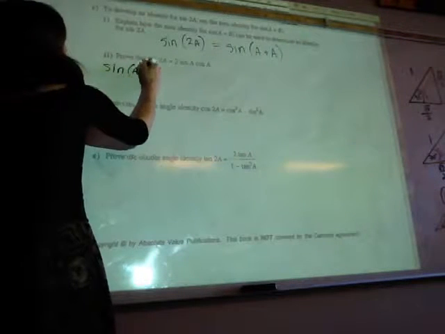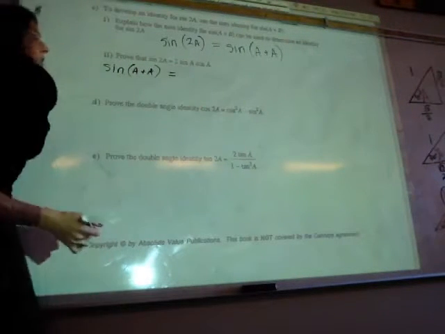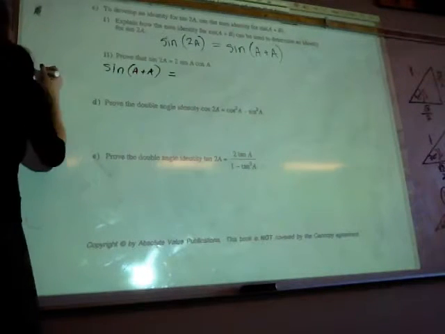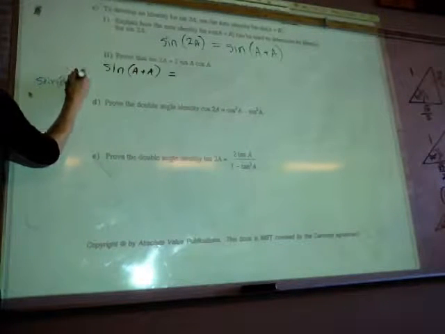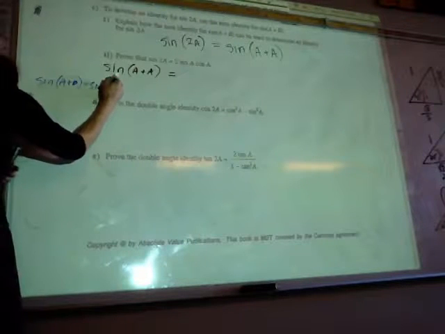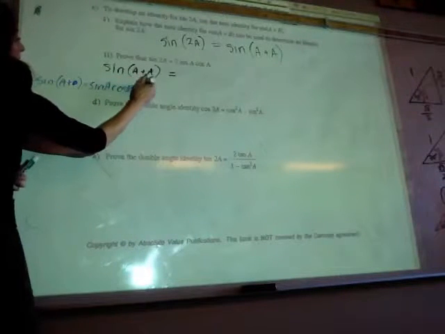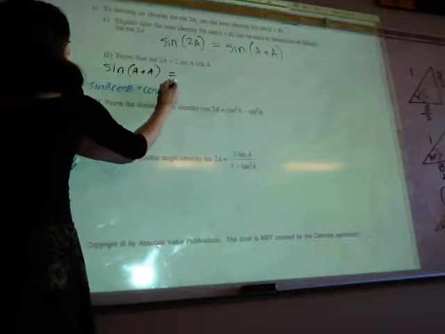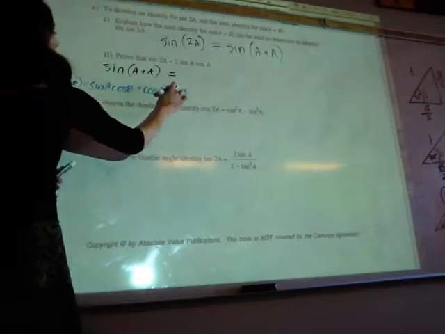So sine a plus a is equal to, and we're going to apply the sine identity, I'll just write it underneath. So sine a plus b is equal to sine a cosine b plus cosine a sine b.